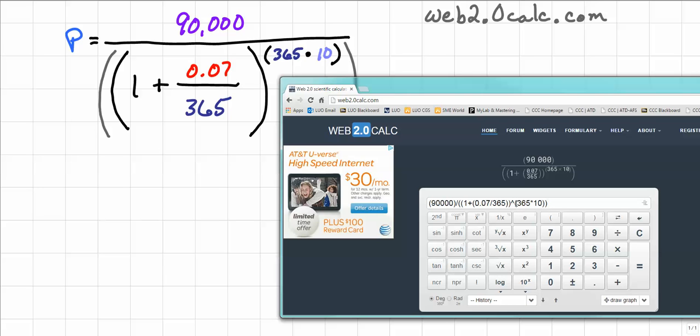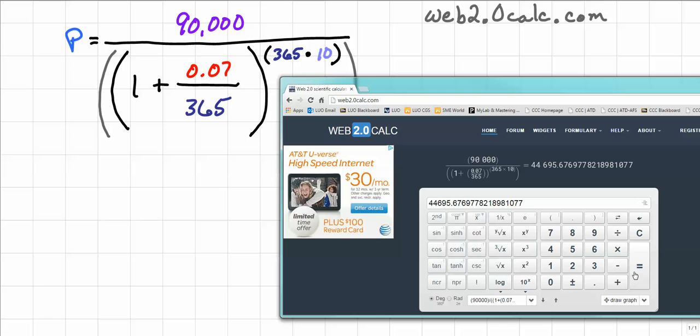Notice that right here and right here, those close a set of parentheses. This one and this one close a set of parentheses. This one right here and this one right here close a set of parentheses. And then this one here and this one here close a set of parentheses. So I now have everything enclosed, and I will simply left click the equals button.